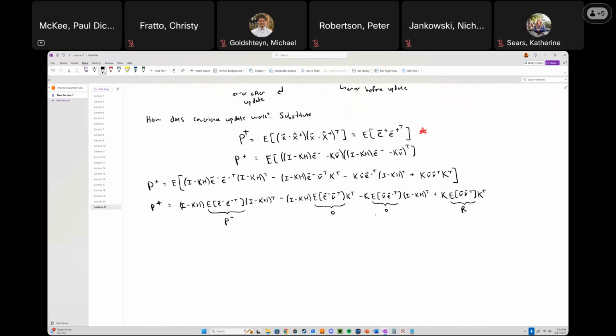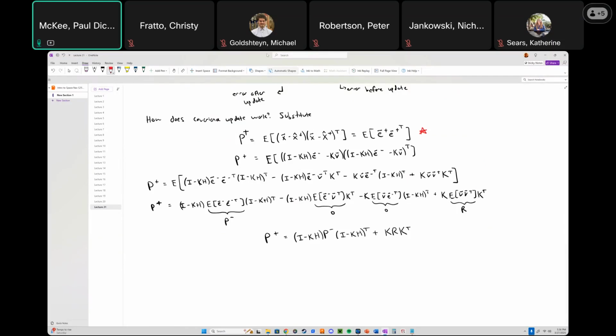So to summarize, our new covariance is going to be I minus KH times our old covariance, I minus KH transpose, plus K R K transpose.